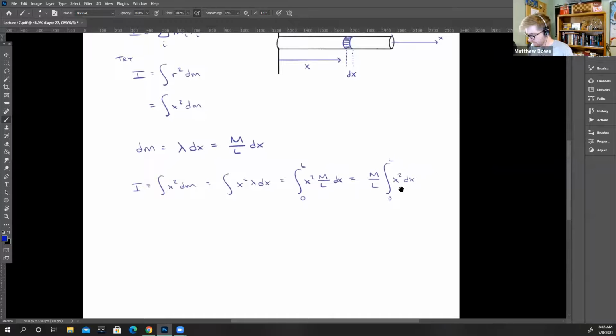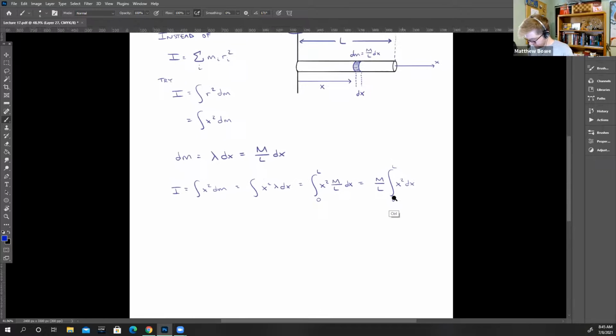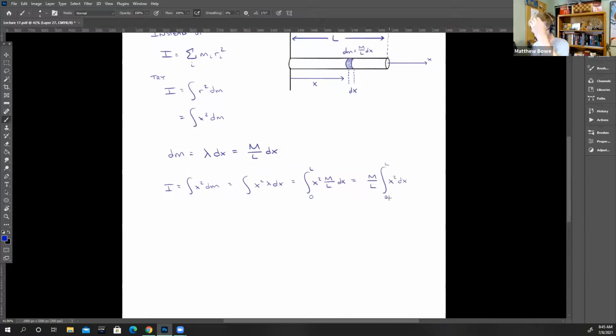Okay. Try to keep everything in frame. So we have a not too bad integration to do here. We have mass over length. That becomes 1/3 x cubed, 0 to L. And that becomes mass over length times 1/3 times L cubed.